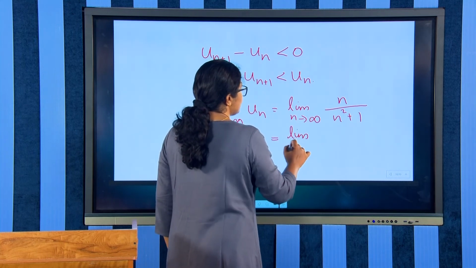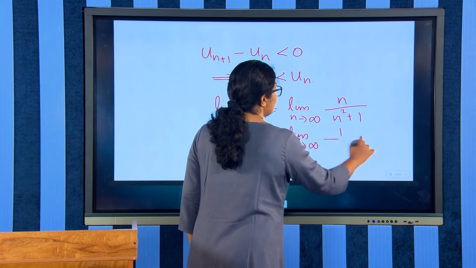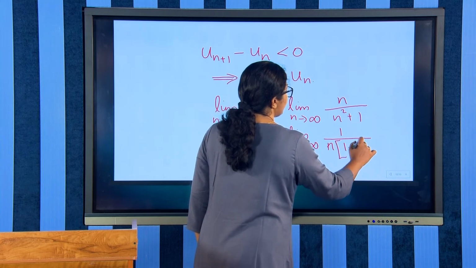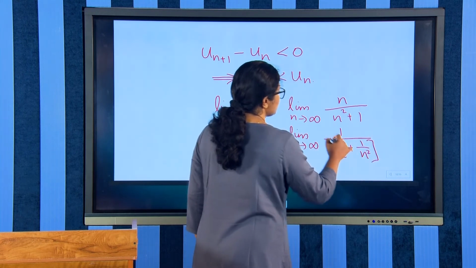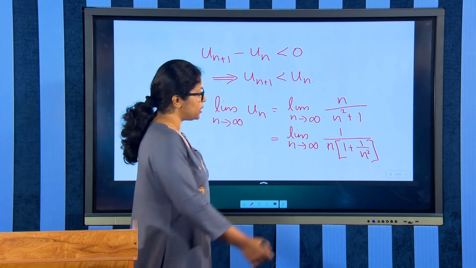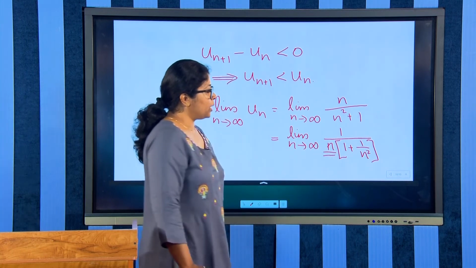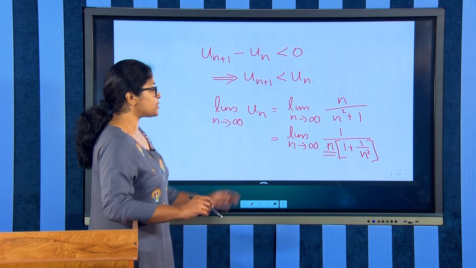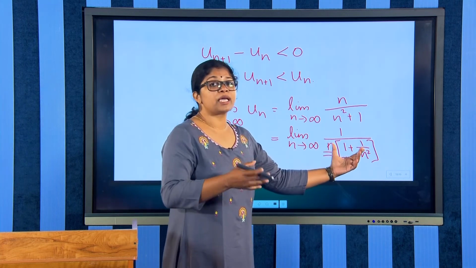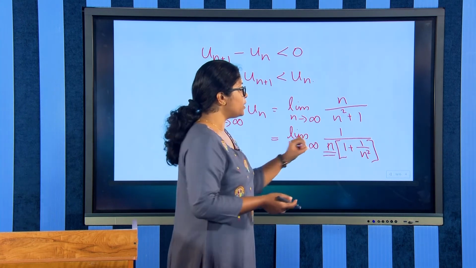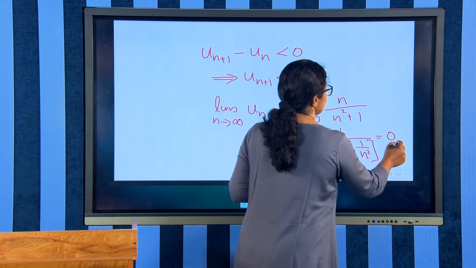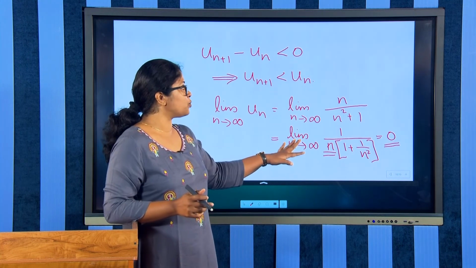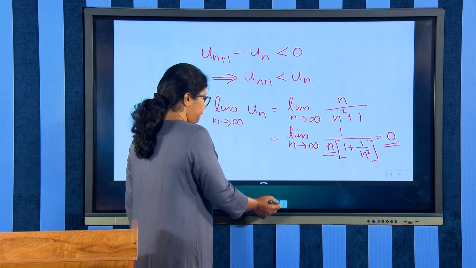This gives limit n tends to infinity of 1 upon n into 1 plus 1 by n square, because n and n square will get cancelled, but this n will remain as such, because the power of the numerator is 1 less than that of the denominator. So, as n tends to infinity, the denominator becomes very large, and as a whole this goes to 0. So, we have satisfied both the conditions of Leibniz test, and hence this series converges.